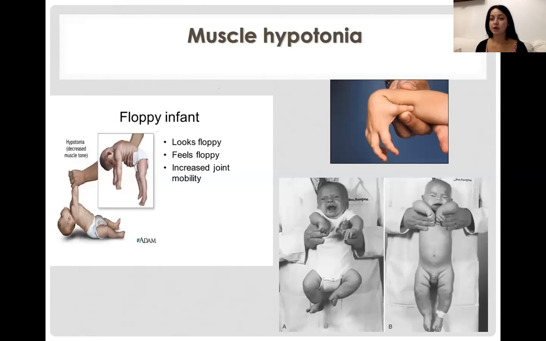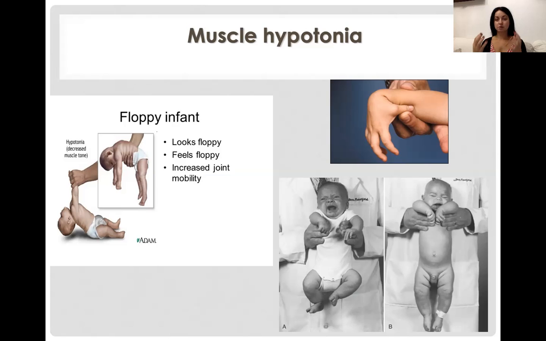Muscle hypotonia. Hypotonia is not a question of muscular mass, but a question of the muscular tonus. This small contraction of muscles we have already told about earlier.